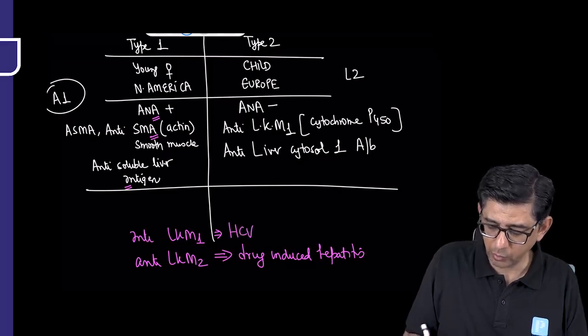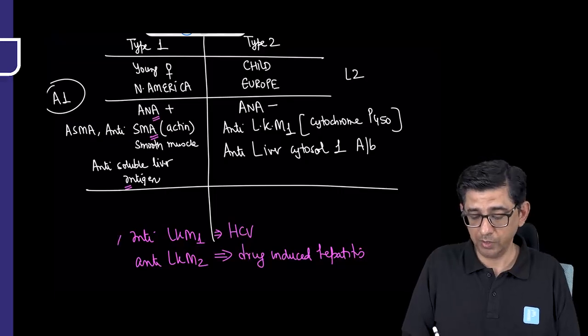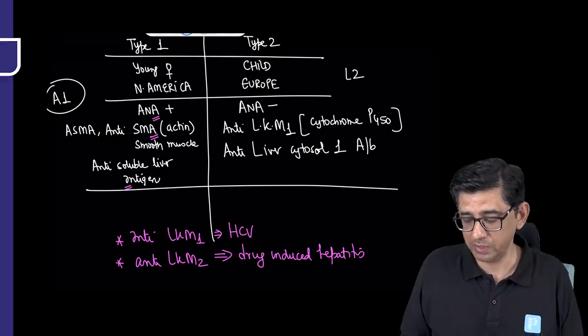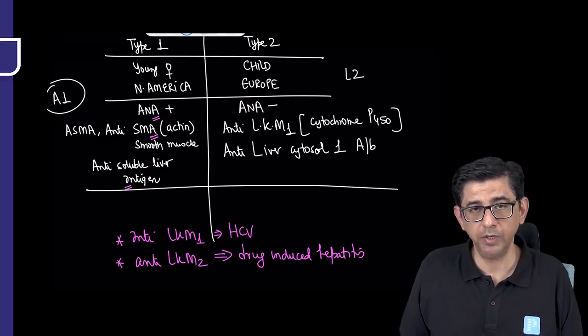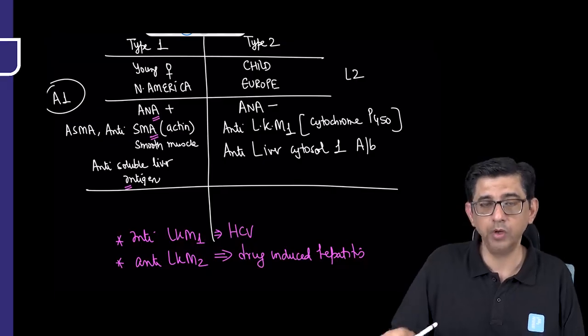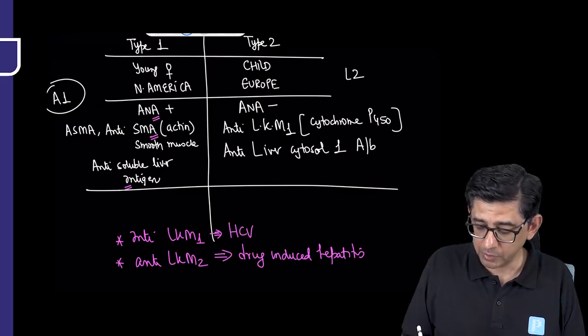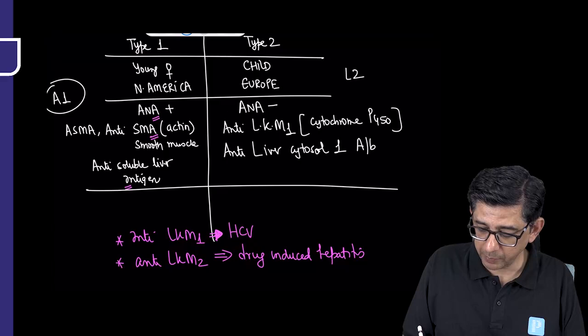And the importance of knowing this information is that this antibody can cause a false positive enzyme immunoassay for hepatitis C as well. I'll repeat that once again. Anti-LKM1 antibody that's seen in type 2 autoimmune hepatitis can contribute to false positive reports of hepatitis C as well.